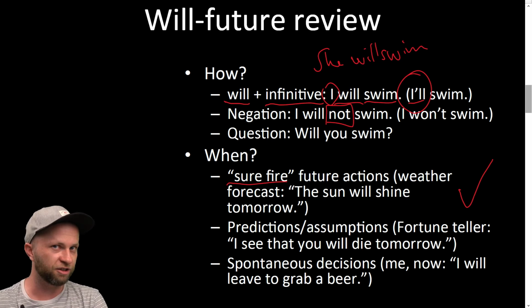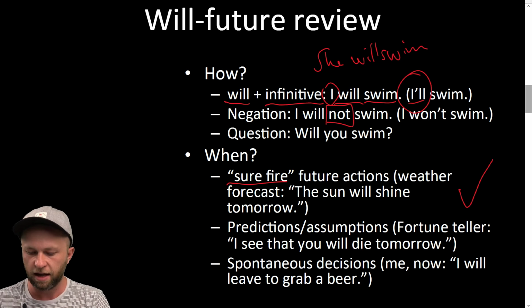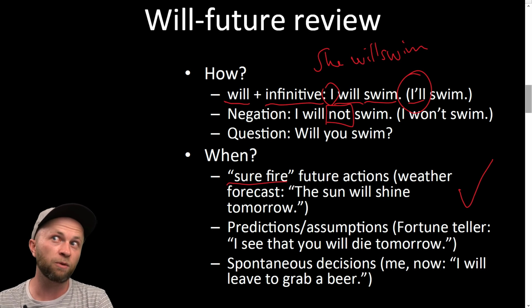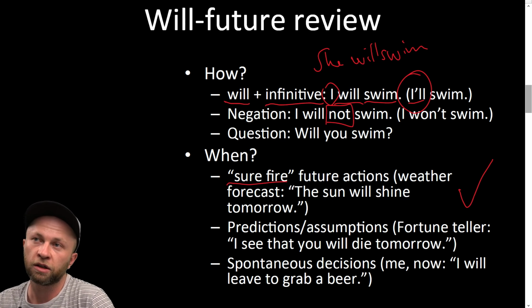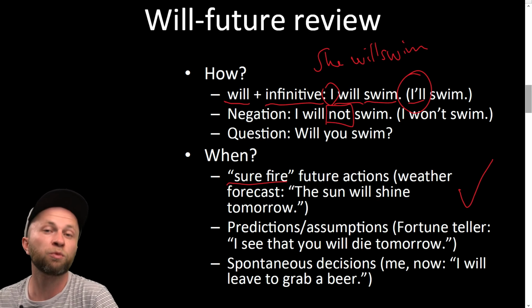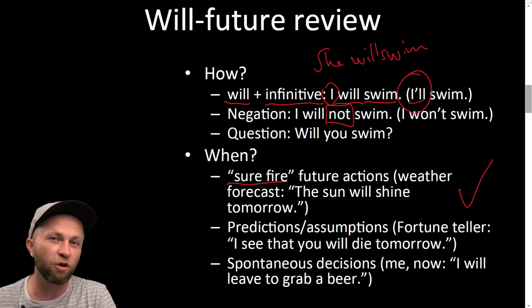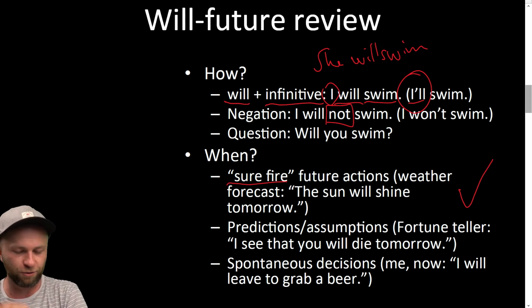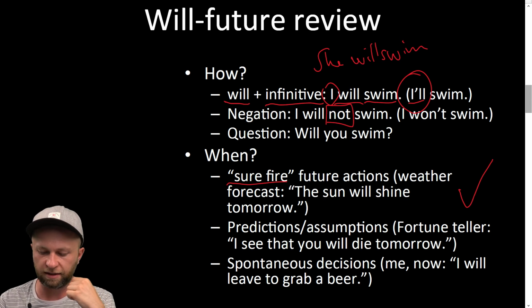This is a prediction the fortune teller makes. Or for example, maybe, I'm not sure, I will go swimming tomorrow. I don't know yet because I have a cold, and if the cold is better by tomorrow, I'm going to. Just another example.